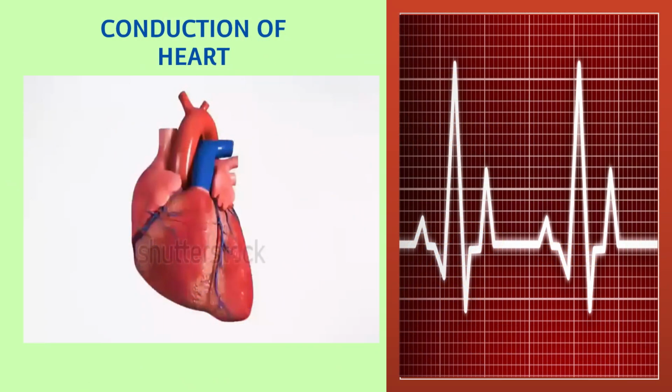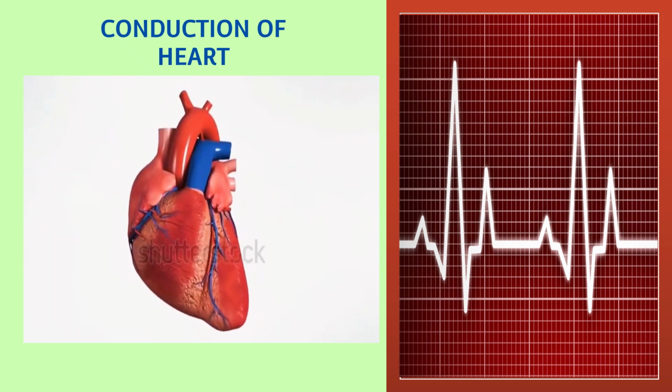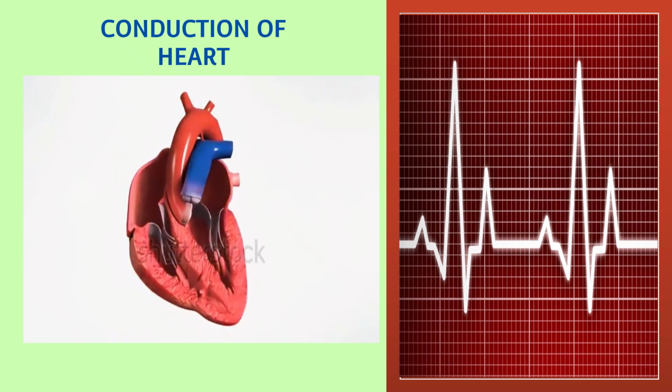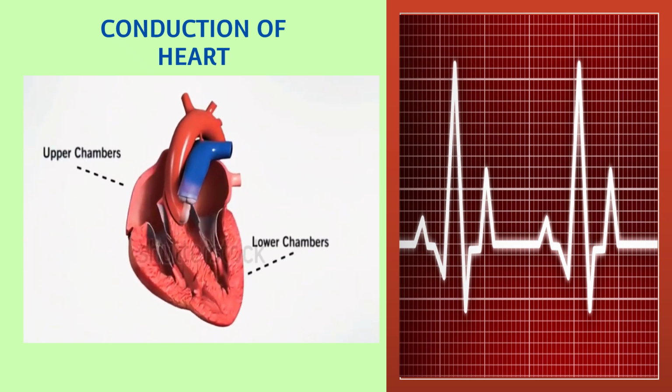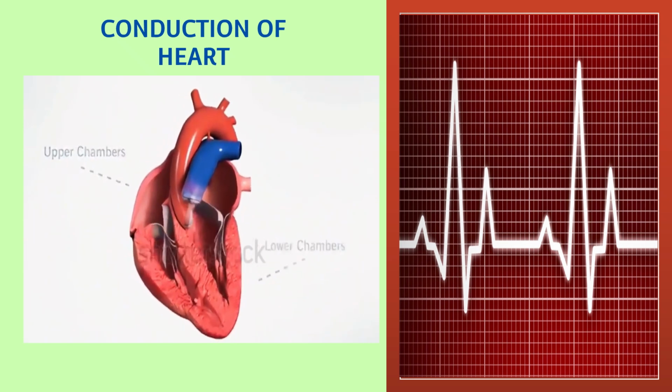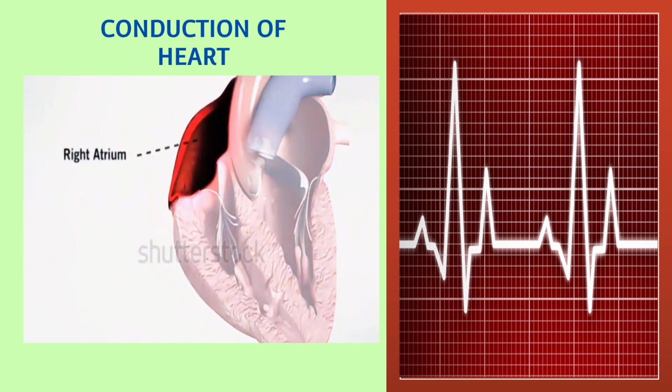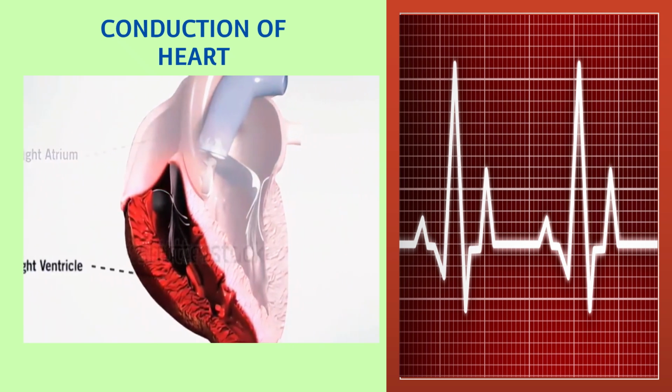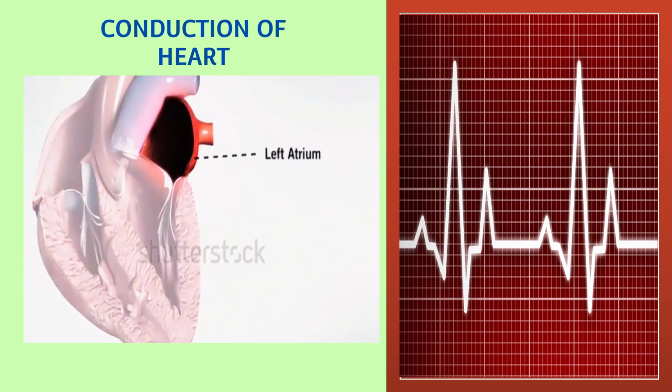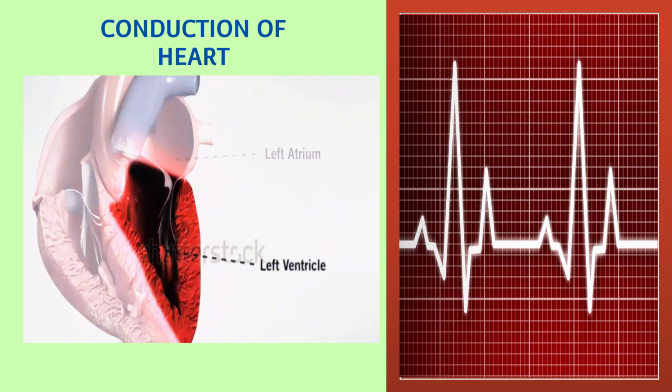Next, we come to the conduction of the heart. Before we go into details, let's see how it works. As you can see, this is your heart which is working. We dissected it and we have the upper chambers and the lower chambers. On the right side we have the right atrium and the right ventricle, and on the left side we have the left atrium and the left ventricle respectively.